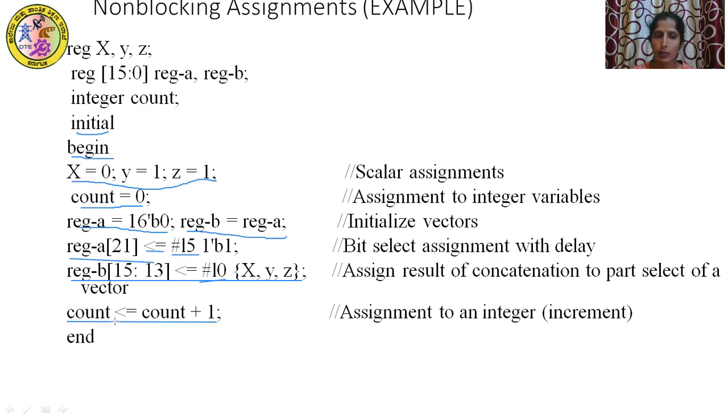Whereas in the example for blocking assignment, this statement would have been executed at 25 time units, blocked by the execution of the previous statements. So the example ends with the keyword end here. This is how the statements within the blocking and non-blocking assignment statements will be executed.